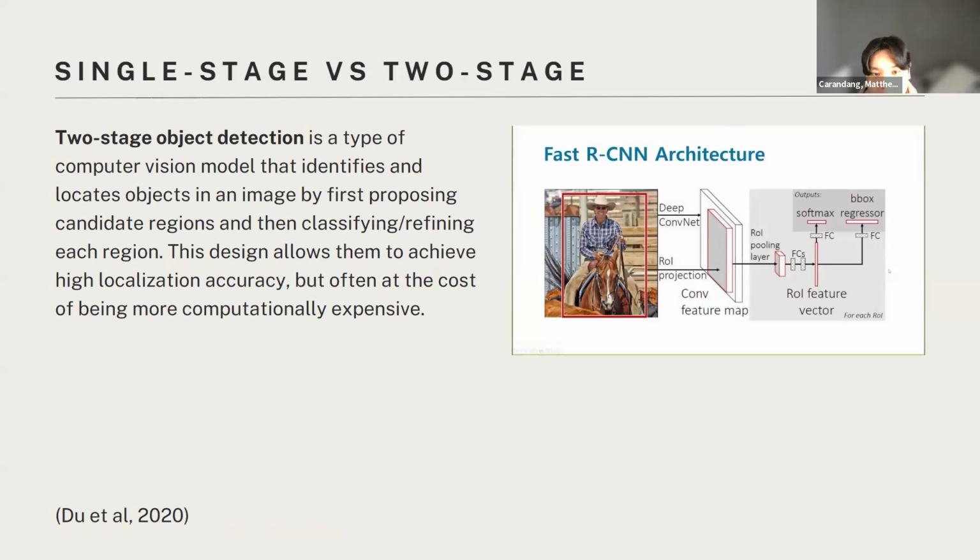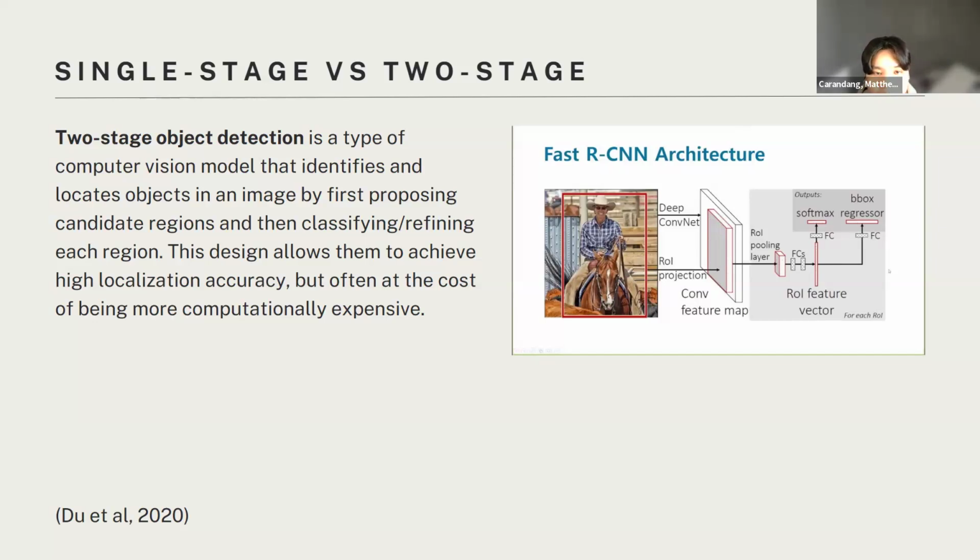This design allows them to achieve higher localization accuracy, but often at the cost of being more computationally expensive. So from there alone, you can tell that, let's say, an image filled with different objects is fed into the network.